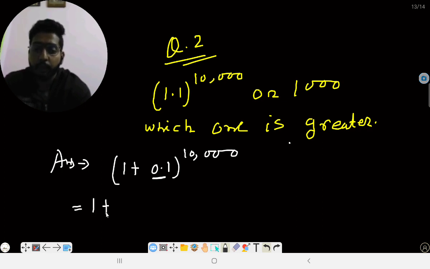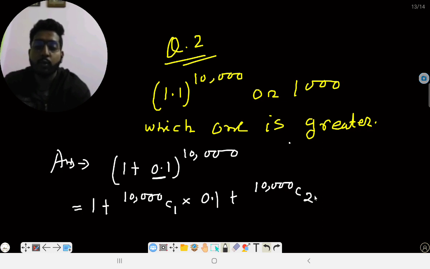1 plus nC1, that means 10,000C1 into x, here the x is 0.1, plus the next one will be 10,000C2 into 0.1 whole square.